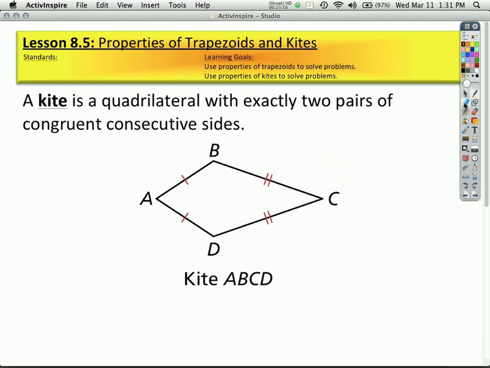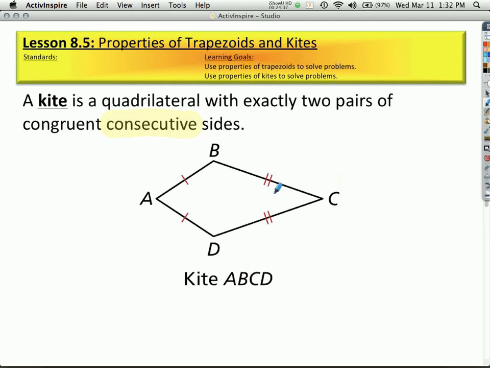This is the first time we're seeing consecutive congruent sides. So that's a big difference. That's why you see this indication here and here. We've spent most of the chapter exploring opposite sides are congruent. Now consecutive are congruent. Any questions about that? Good, those are just the basics of those shapes.